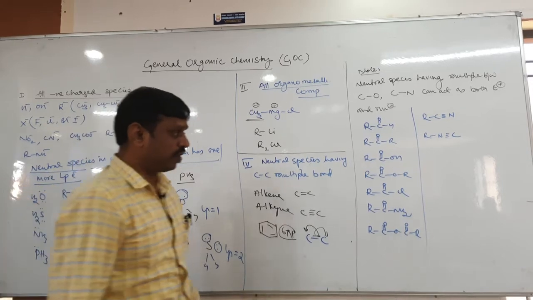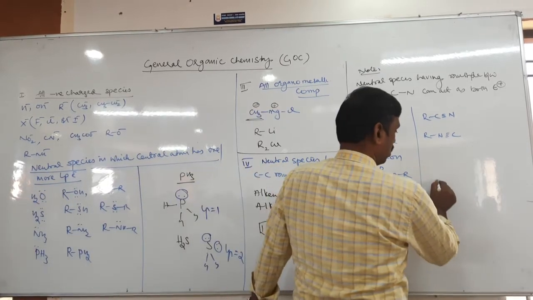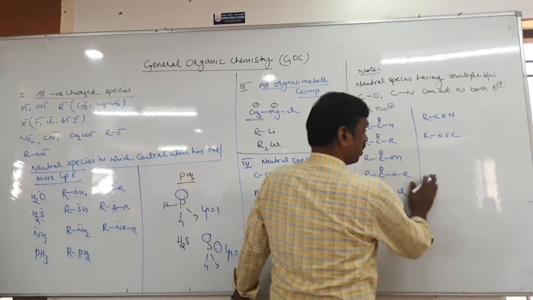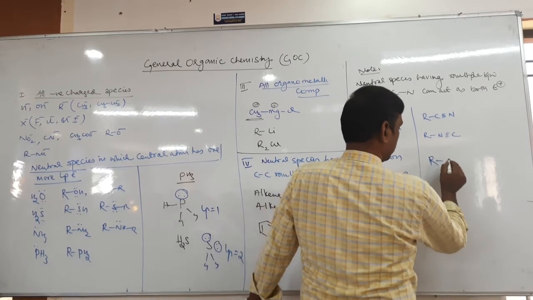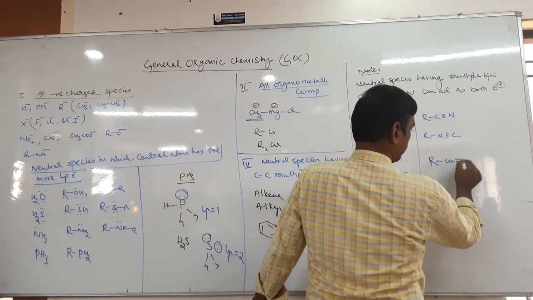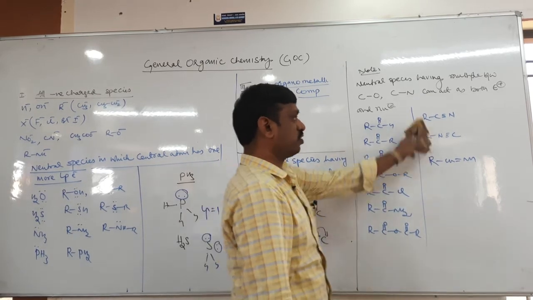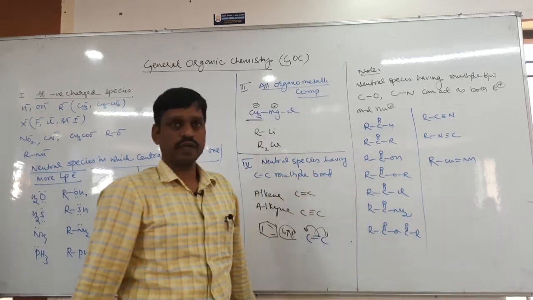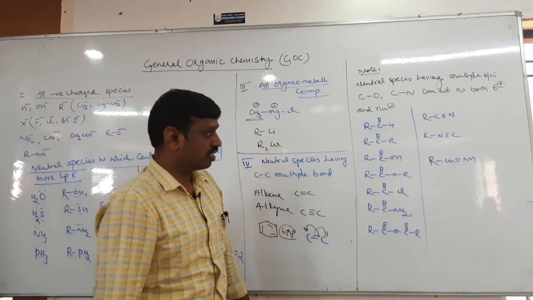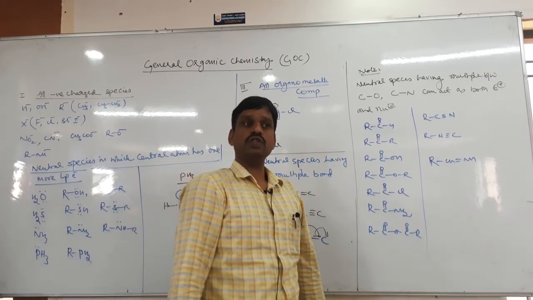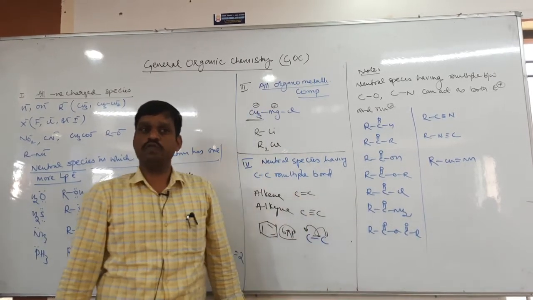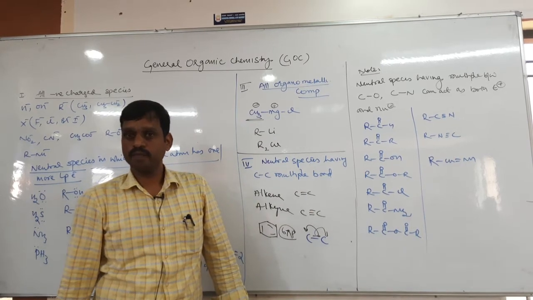No, amine does not have a multiple bond. Imine, or CH double bond NH, is nothing but a derivative of cyanides. So all these act as both electrophile as well as nucleophile. Okay.